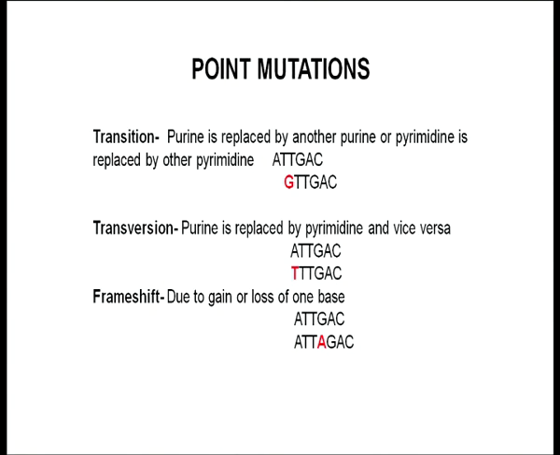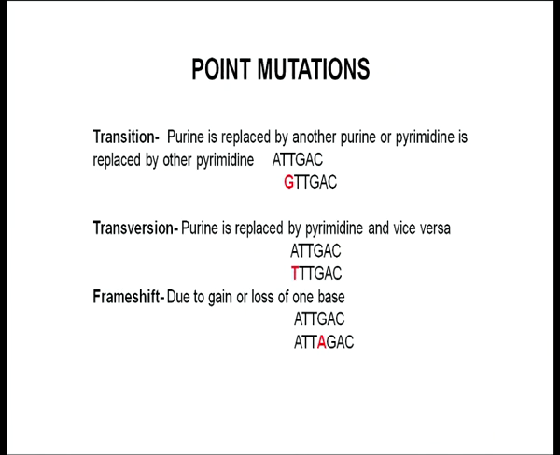In a DNA, ATT, GAC, but when it gets mutated, A has been changed to guanine, that is G, red colored, that is the mutation. That is transition, when a purine is replaced by a purine: adenine is a purine and guanine is also a purine. So instead of adenine, in the mutated one, guanine is present.